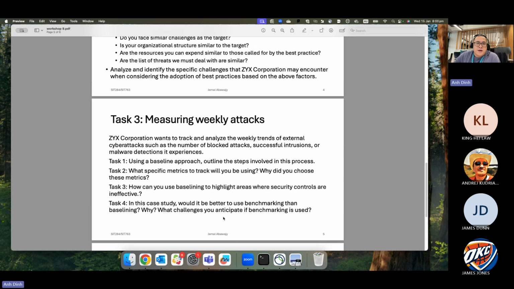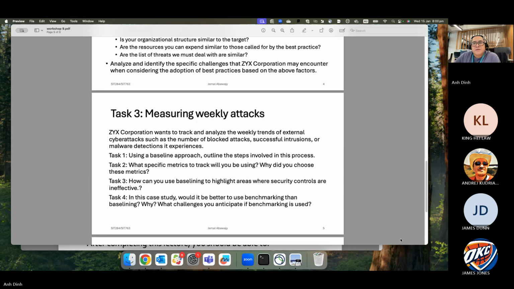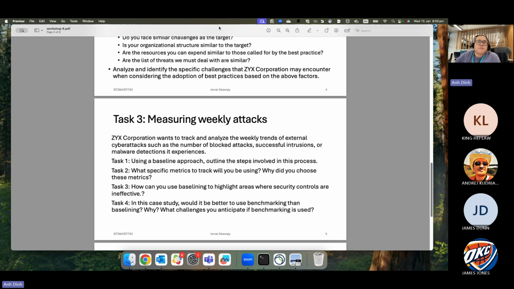Anyone want to share their thought? Do you think that baseline is appropriate or benchmarking is appropriate? Any thought, please?